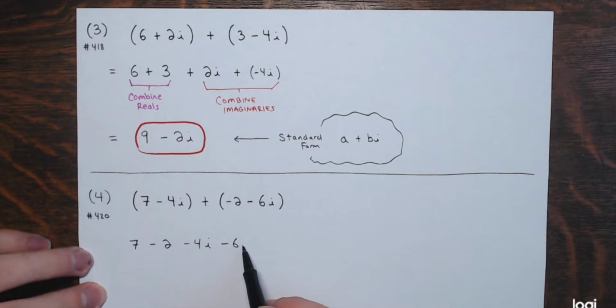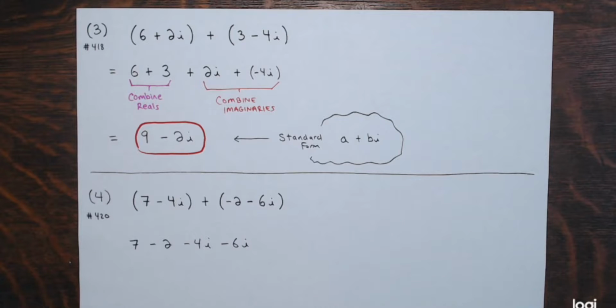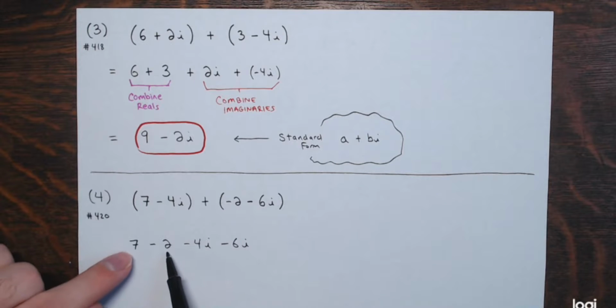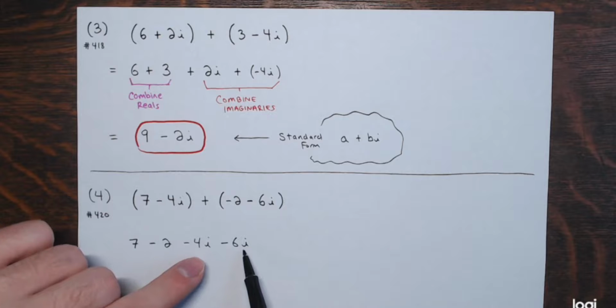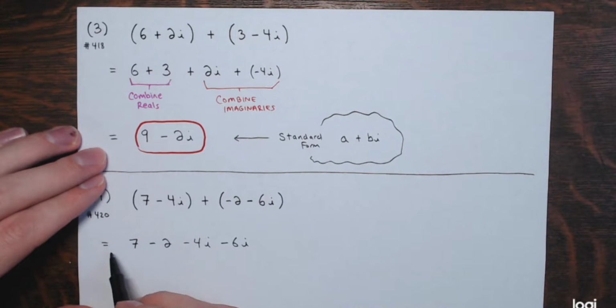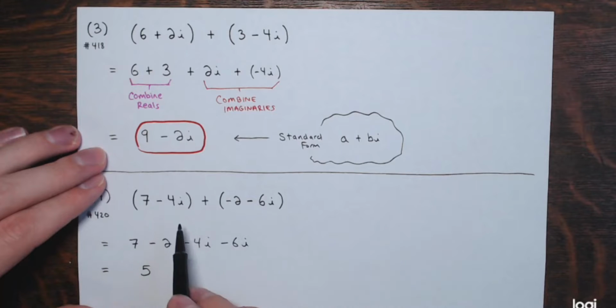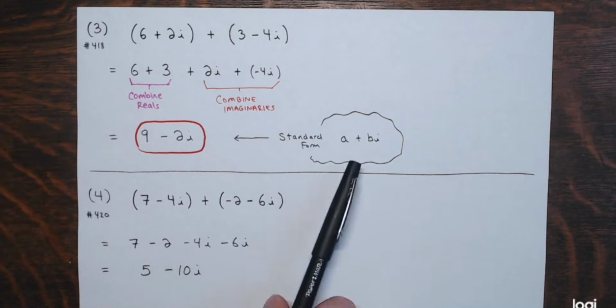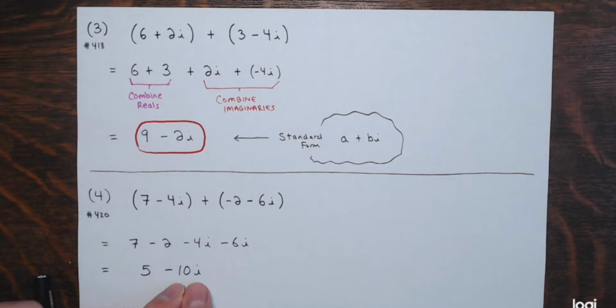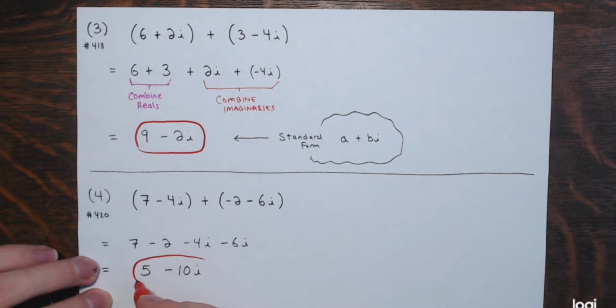All I'm doing is rearranging the terms in the sum, so that the reals are next to each other and the imaginaries are next to each other. And 7 minus 2 is 5, right? And then negative 4i plus negative 6i is negative 10i. And that's in standard form, real number plus imaginary number. 5 minus 10i. Very, very simple.